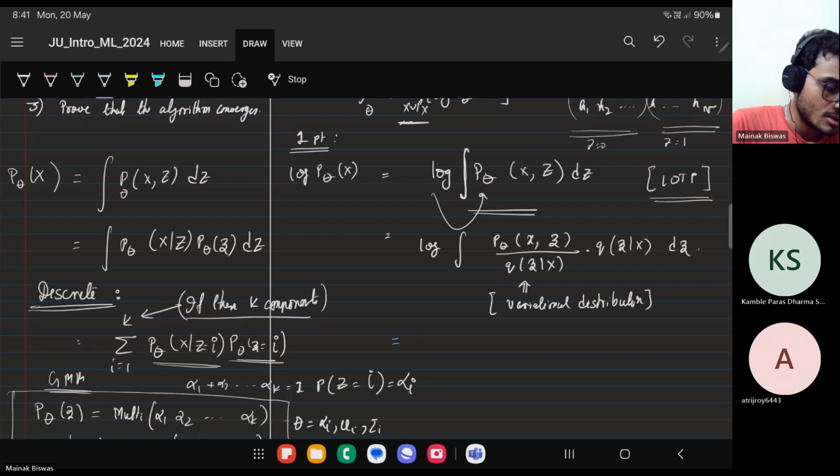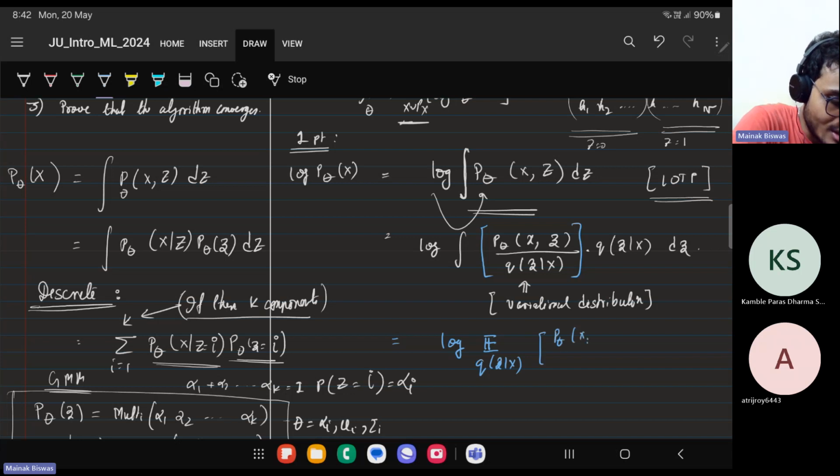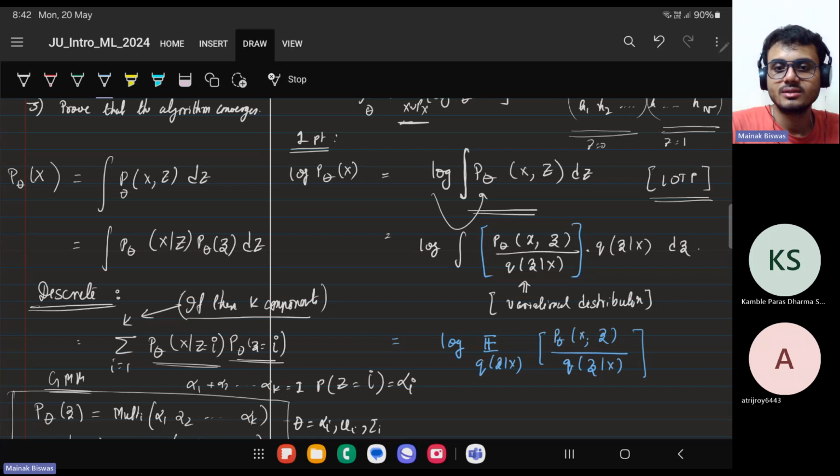So now I write log of, can you tell me what I can write this as? I can write this as log of expected value of p theta of x comma z by q of z given x, right?